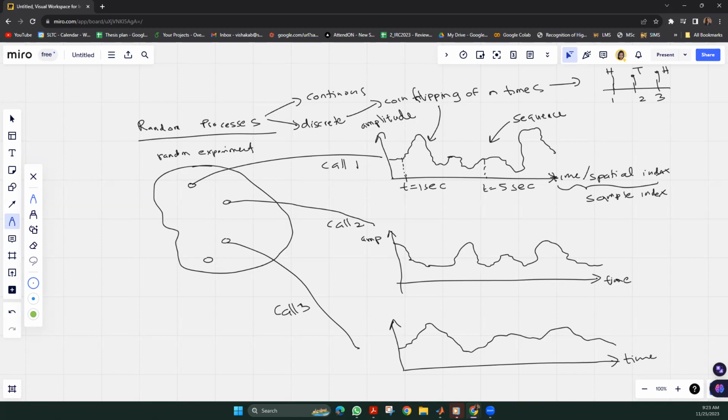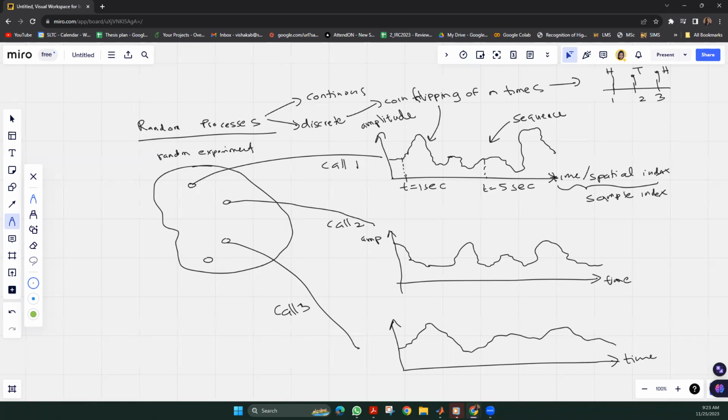Those kinds of outputs are discrete, because for each flipping you get a certain output, but in between two flippings you don't have intermediate values. So in the other instance of continuous random processes, we have a certain output value for each of the time instances between two limits. So there are basically those two types of random processes, discrete and continuous.